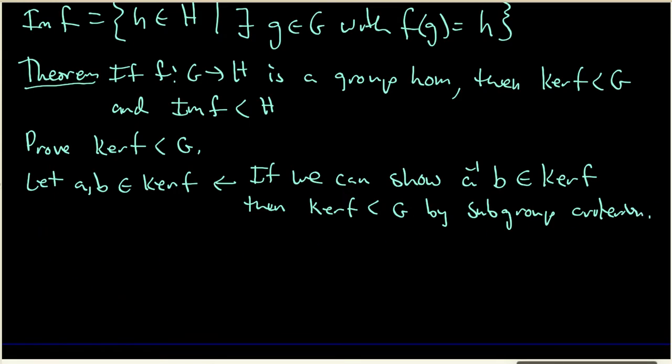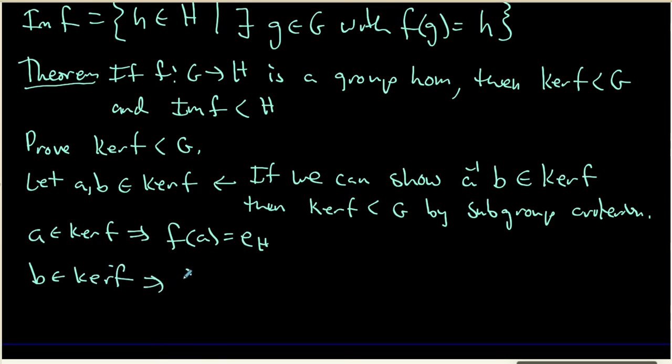And so what I want to do is think about what this particular hypothesis buys me. Well, it turns out that it buys me quite a bit. a is inside the kernel of f says f of a is equal to e_H. And b inside the kernel of f says f of b is equal to e_H.